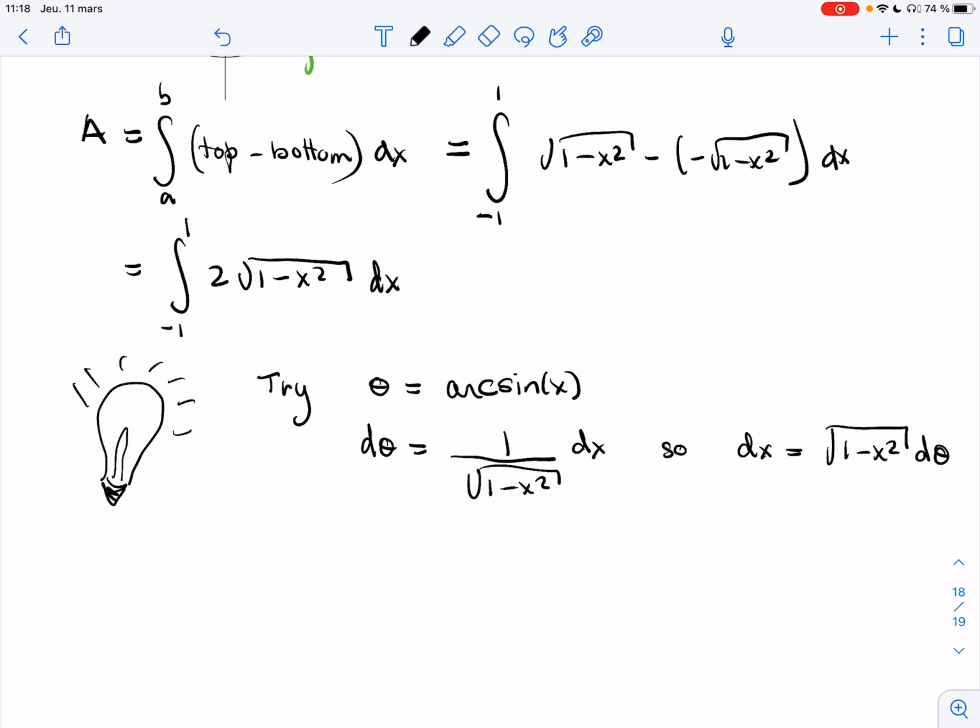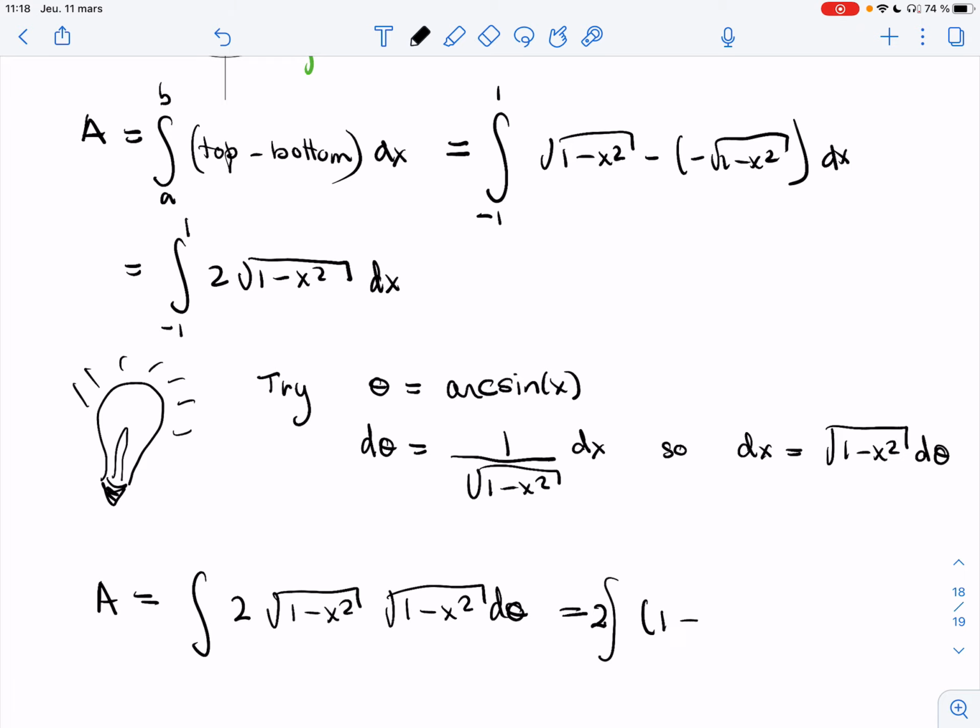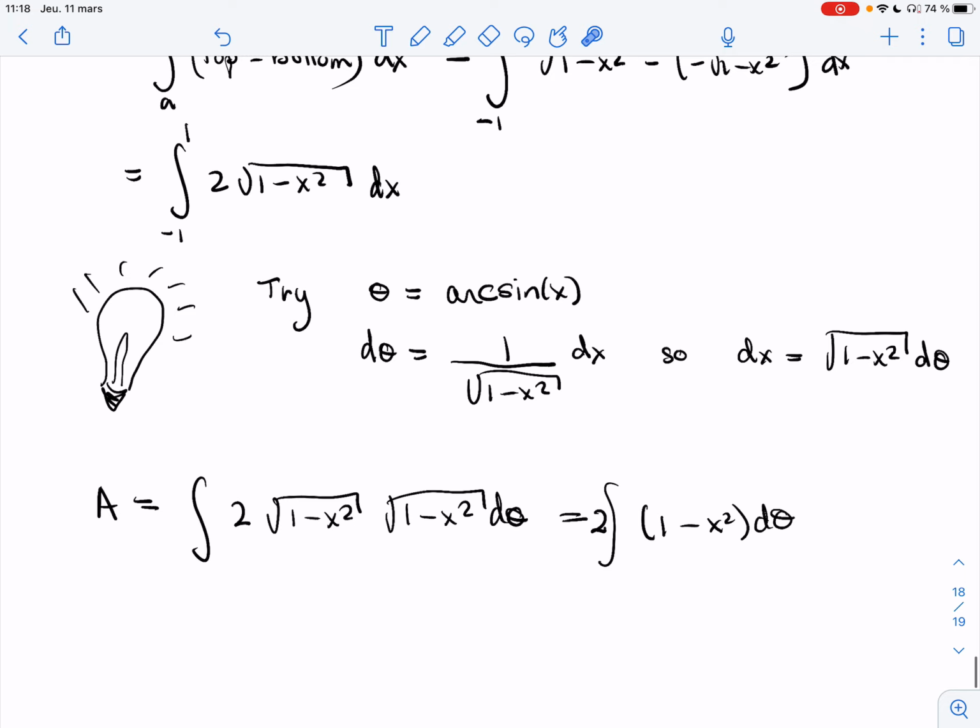All right, so my area would be twice the integral. I still have square root of 1 minus x squared. Then the dx is square root of 1 minus x squared d theta. Let's take the 2 out. I would get 1 minus x squared d theta. So I would need to be able to rewrite this in terms of theta for this substitution to work.